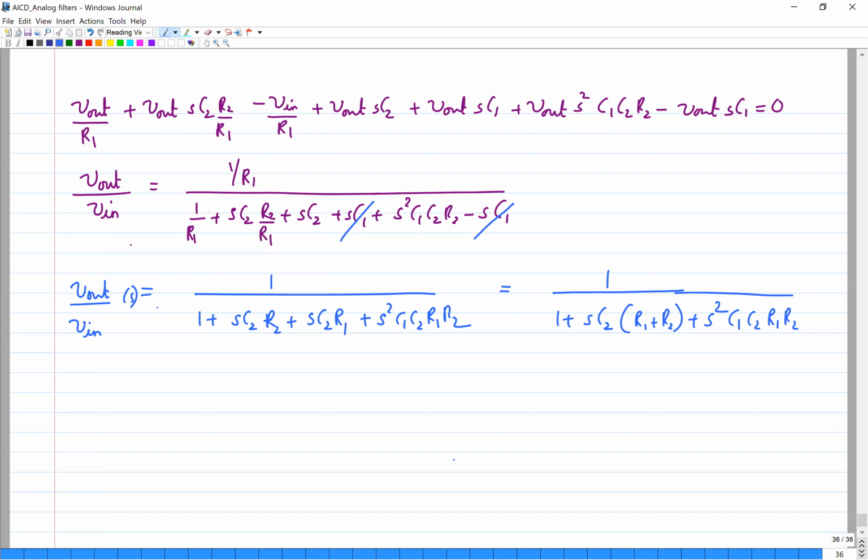Now let me modify this further. Let me divide the numerator and denominator by R1 R2 C1 C2.